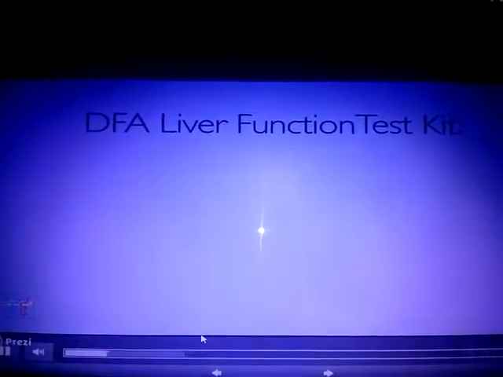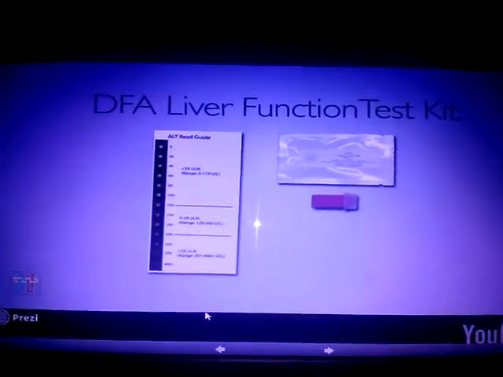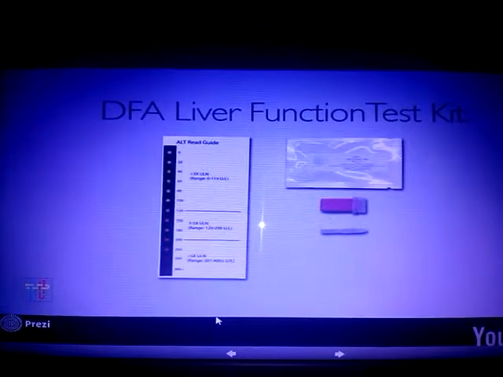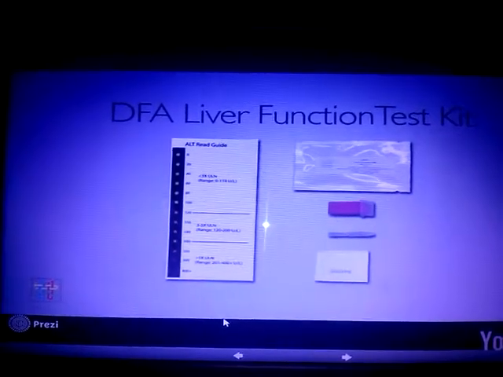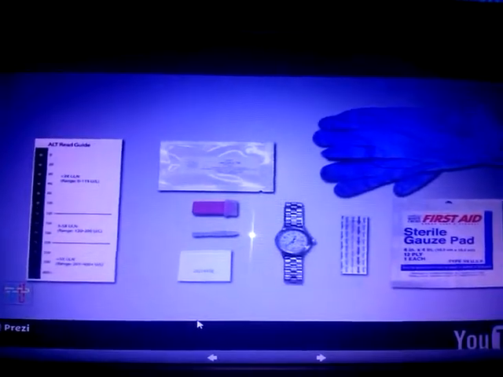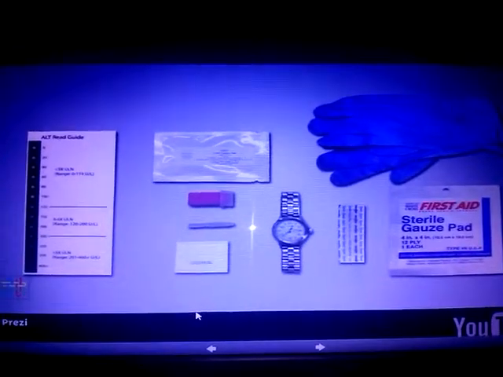The DFA liver function test kit contains the DFA liver function test, read guide, single-use sterile lancet, microsafe collection and dispensing tube, and alcohol swab. You will also need these materials, which are not included in the kit: gauze pad, small bandage, gloves, and a timing device, such as a watch or clock.